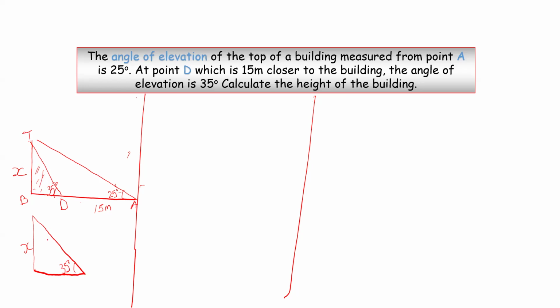But then this has incomplete information. But looking at what we have here, we see a triangle here. Now let's extract the triangle.